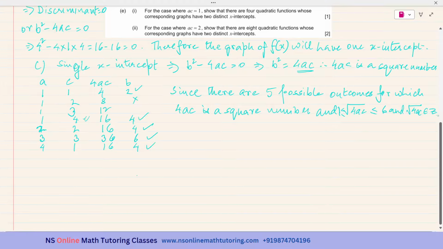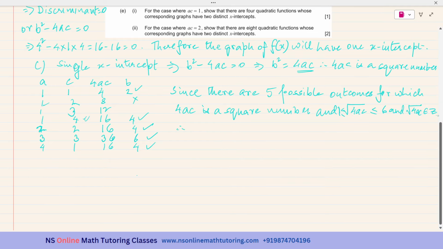Okay, because this is 1 times 2 is 2, times 4 is 8. Square root of 8 is 2 root 2. It is definitely not an integer. So square root of 4ac has to be between 1 and 6, but it should also be an integer. Okay, so that way we are having 5 possible outcomes.